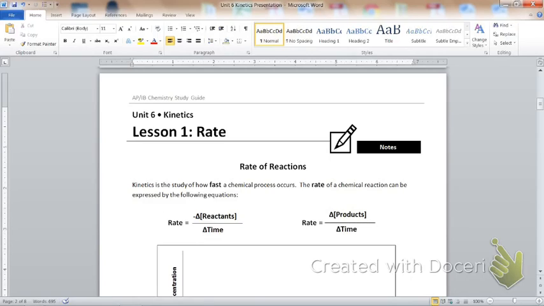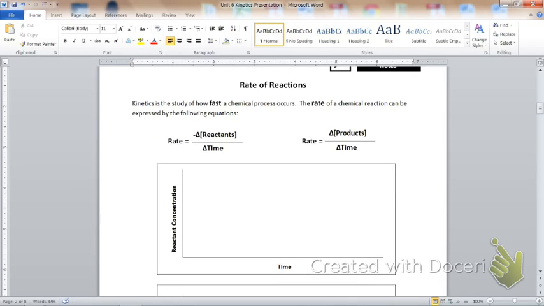The rate of a chemical reaction can be expressed by using these following two equations, which take the time here to go over a little bit. With the first one, the rate of a chemical reaction is based on the negative change in the reactant concentration.